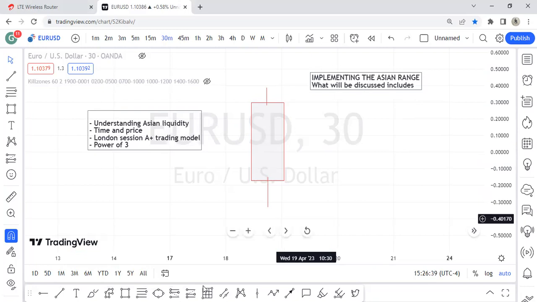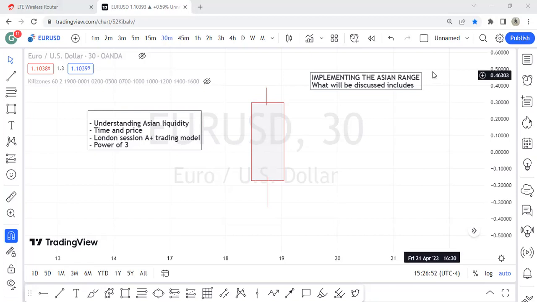It's actually a very easy setup, but it's very beautiful when well mastered. It's a setup I dub a bread and butter approach to trading the market. I won't make the video so long. I'll just go straight to the point so that this video will be brief.